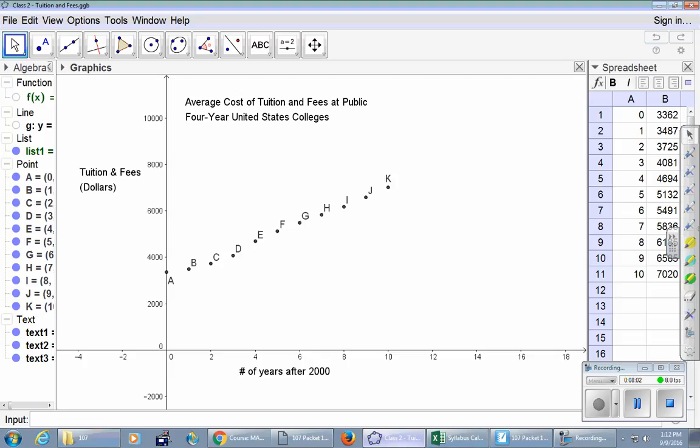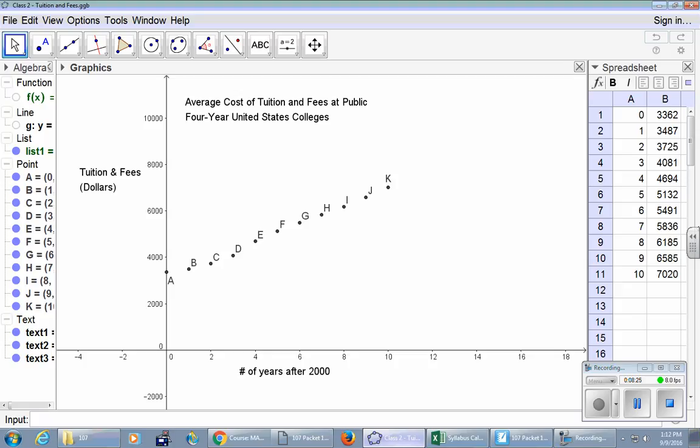Okay, so my colleague made this here. Her name is Linda, and the first thing she did is type in all the data in the Excel-looking spreadsheet over here on the right-hand side. This is just read off of the graph, right? Technically, though, the graph didn't start at 0, 1, 2. What were the numbers in your graph? So 2000, 2001, 2002. You're welcome to type those numbers in.